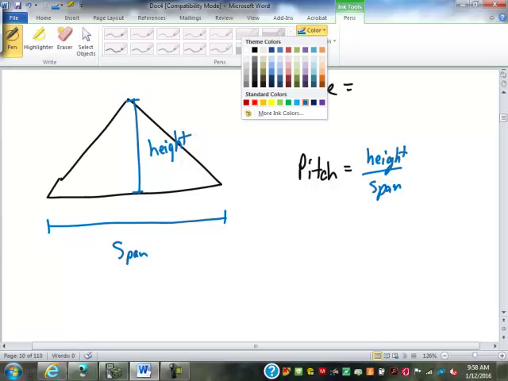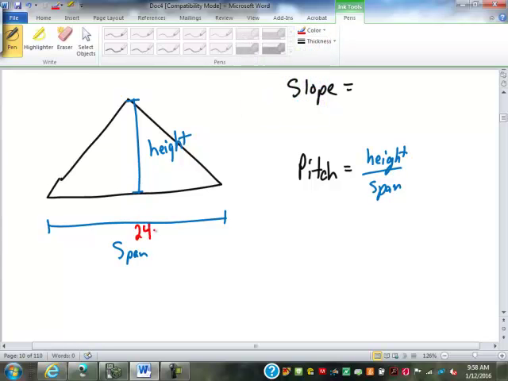So let's say this roof has a 24-foot span and 6 feet of height. So its pitch is 6 feet over 24 feet, which reduces to a 1 in 4, or a 1/4 pitch. Now, pitch was used whenever you use a conventional ridge beam and rafter system, because the pitch tells you how high to set that ridge beam. Let's say here's our walls.